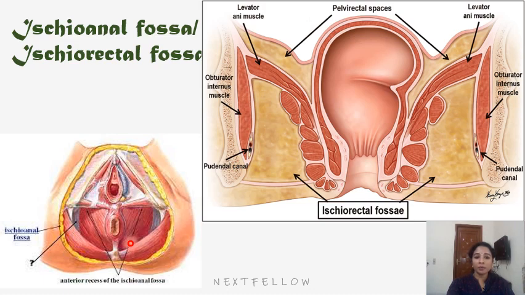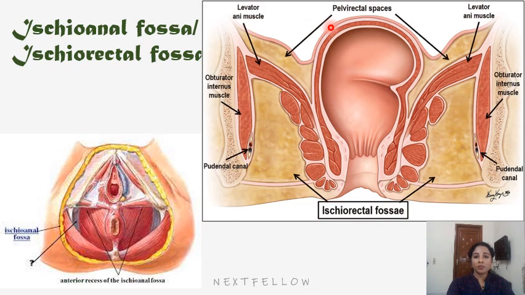Deep to it, the sacrotuberous ligaments, which are not shown in this image, extend from the sacrum to the ischial tuberosity, and on the posterior surface is the gluteus maximus muscle. The anterior boundary is the posterior border of the perineal membrane.